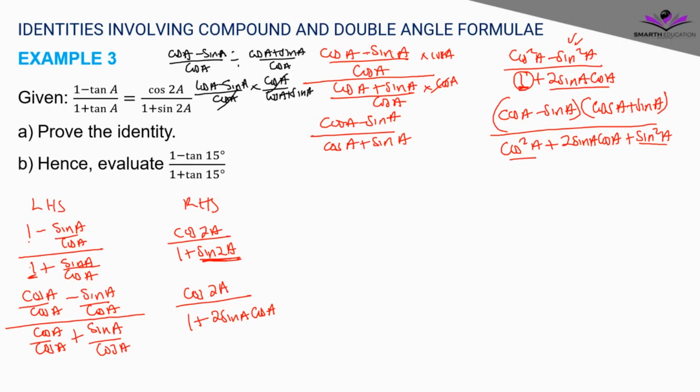Remember, if I put this as an algebraic expression, it can be like x squared plus 2xy plus y squared. Then how do we factorize this? We say x squared times y squared, which is x squared y squared. Then we look for the factors of x squared y squared that can give us 2xy, which is xy plus xy, isn't it? So it becomes x squared plus xy plus xy plus y squared, right?